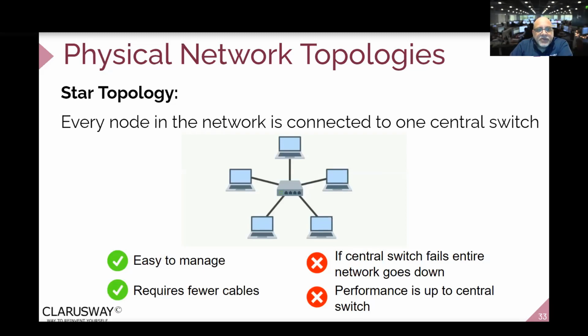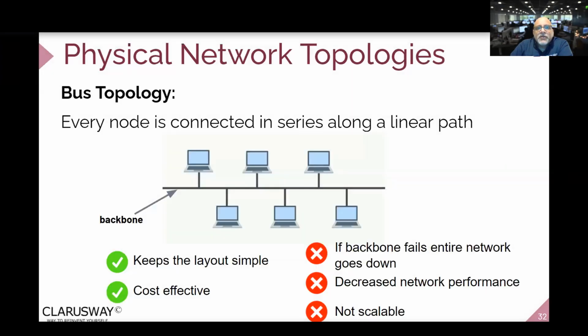Actually, I want to go back to that one. Think about the question I was asking you before. What would your home office or home network look like? Would your home network have a common cable running through the entire house, and then each device would be connected off that common cable, that common backbone?